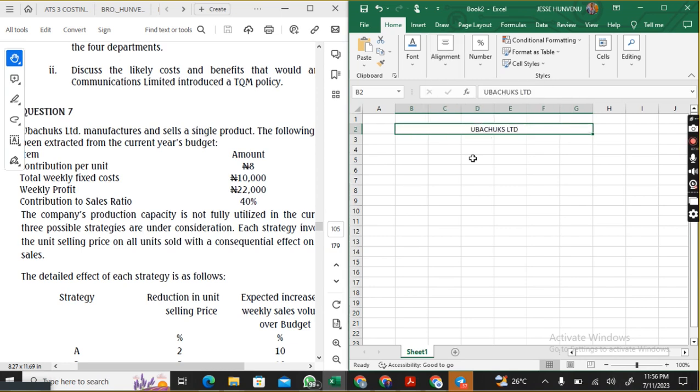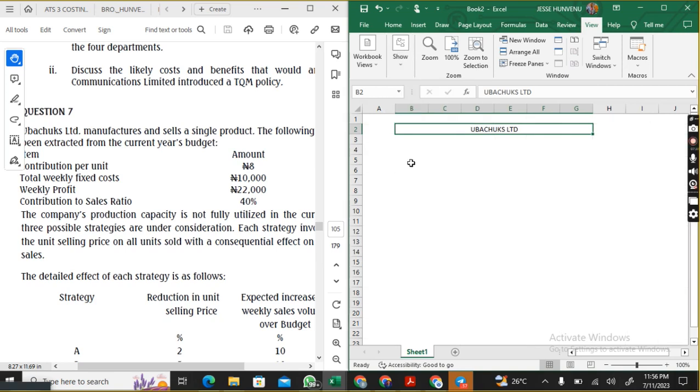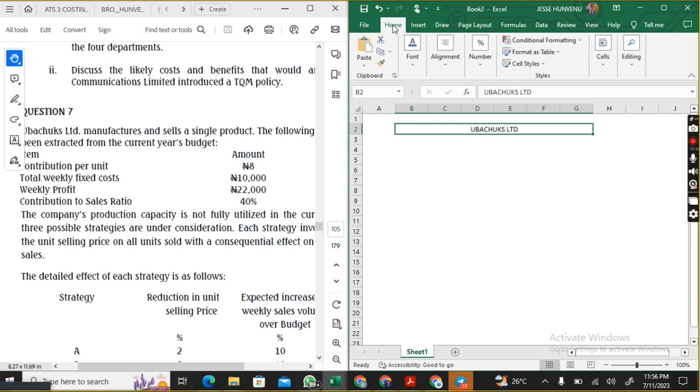So now, how do we arrive at this contribution per unit?